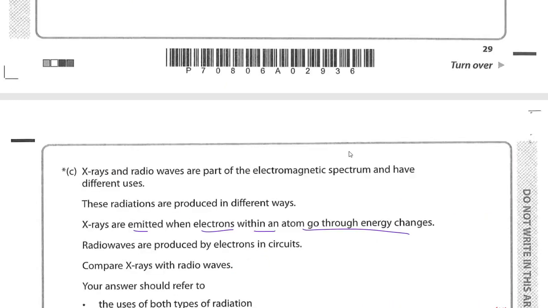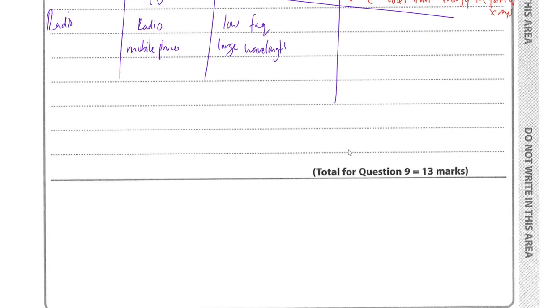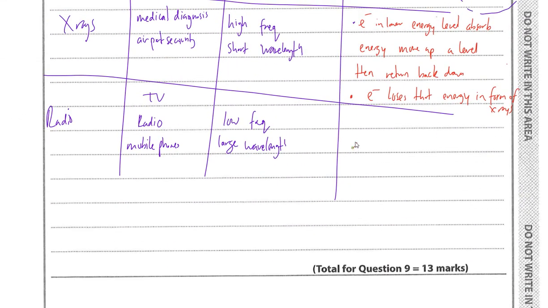What do the electrons do? They oscillate in seconds. They oscillate in seconds.